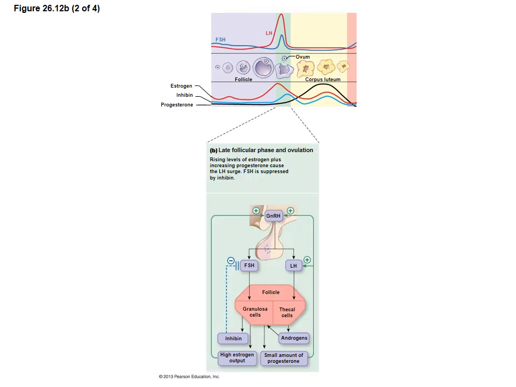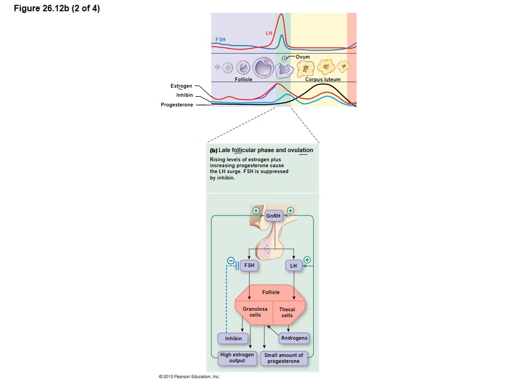Okay, so now we move on to the late follicular phase and ovulation, but we start off by looking at the late follicular phase and how it leads up to ovulation. As the follicular phase nears its end, the ovarian estrogen secretion peaks. We can see with the estrogen concentration here in the diagram that it reaches a peak.